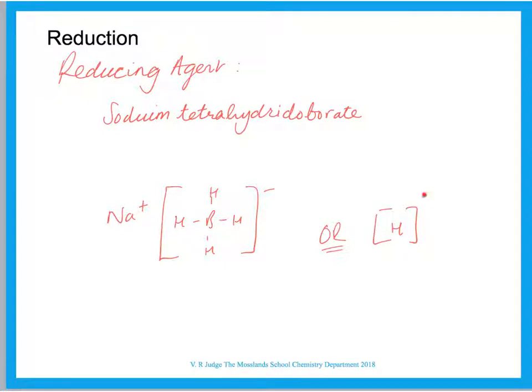So H in square brackets means reducing agent, so it can represent sodium tetrahydridoborate. Now, for the purposes of being able to write equations and mechanisms to show reduction of aldehydes and ketones, we are going to stick with that simplified version. But you do need to know the name of this, and this is what it looks like.